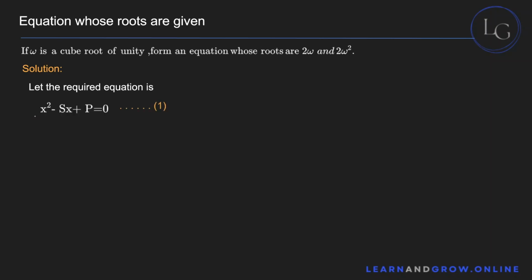So this is how you would solve an equation of such kind. The s here is basically the sum of roots, and the p here is the product of roots.